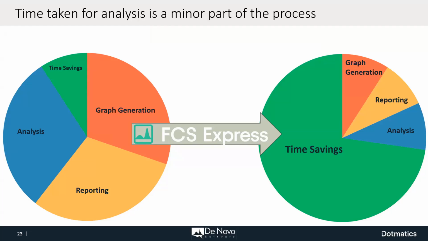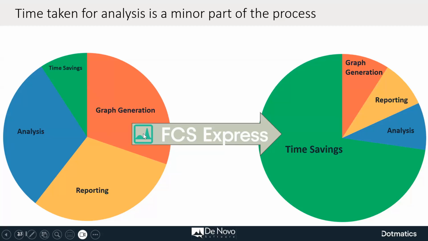and again, as this high level overview of the software, when you look at what you're doing in other tools, which are over here on the left, the analysis portion is actually probably a minor part of the process because graph generation and reporting take as much time as it does to complete the analysis in other tools.